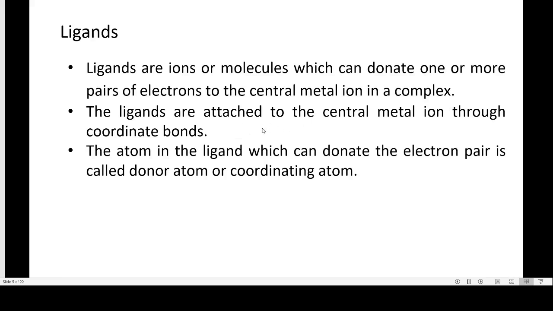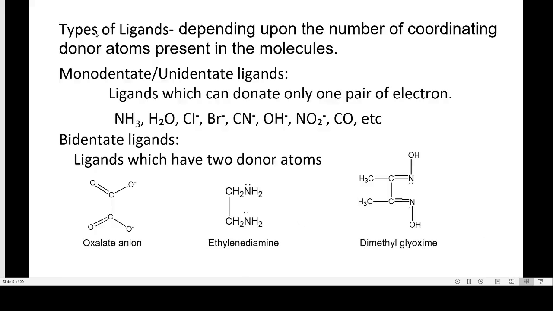So the central metal atom will possess vacant orbitals to form coordinate bonds. The atom in the ligand which donates the electron pair is called the donor atom, coordinating atom or ligating atom.